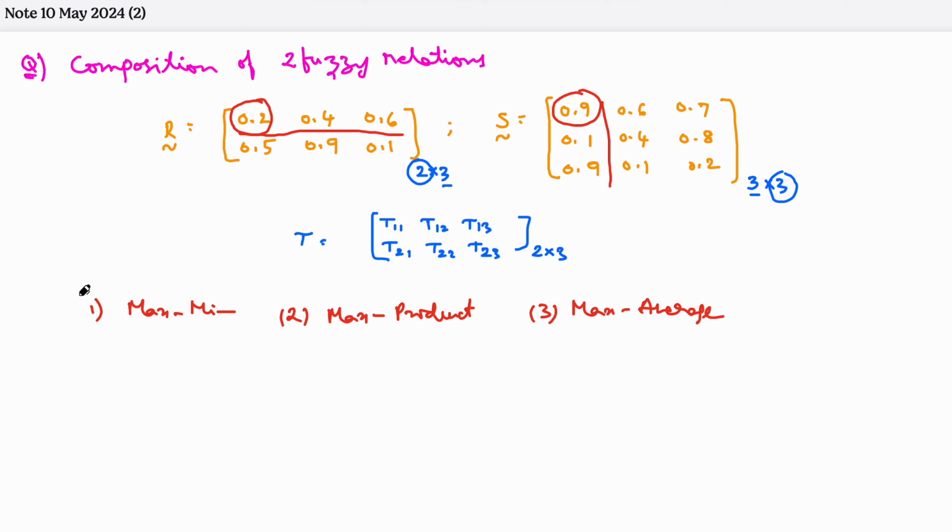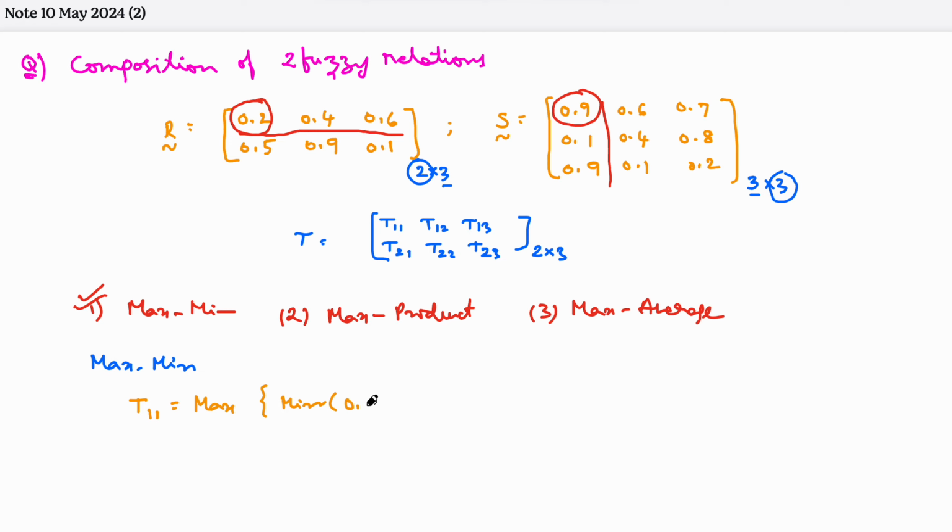Let me proceed with the max min method. As the name indicates, first I have to perform the min operation and then I need to perform the max operation. For example, to identify T11, how can I proceed? First let me write max here. I have to see the maximum of minimum of this element and this element.